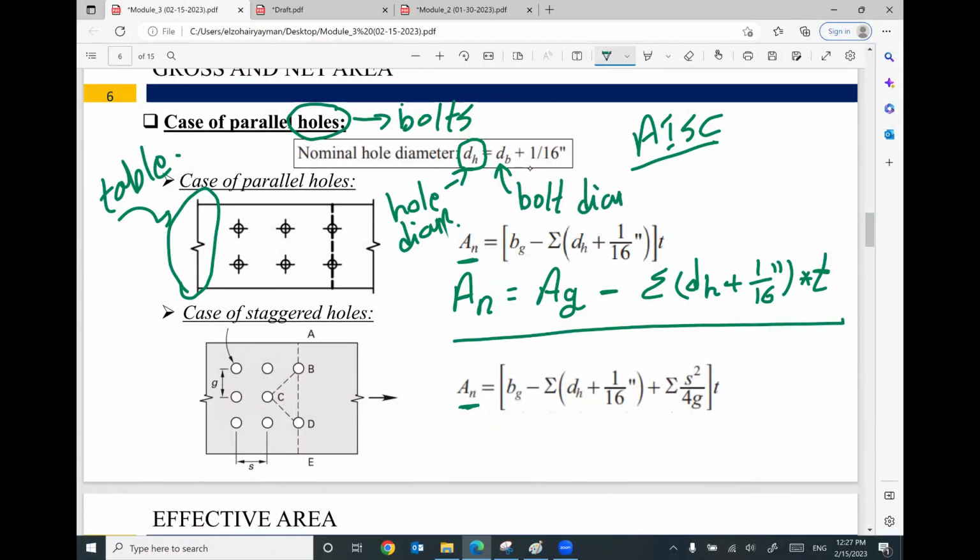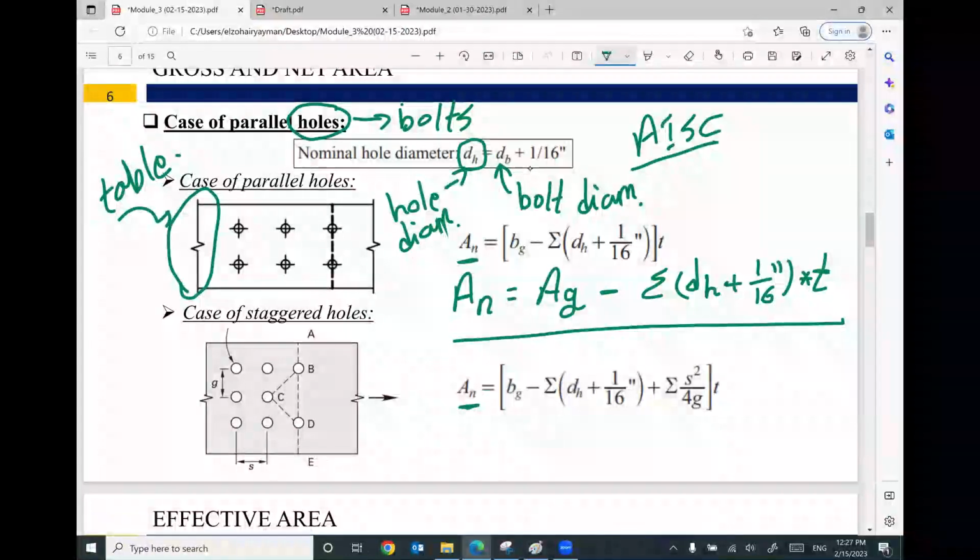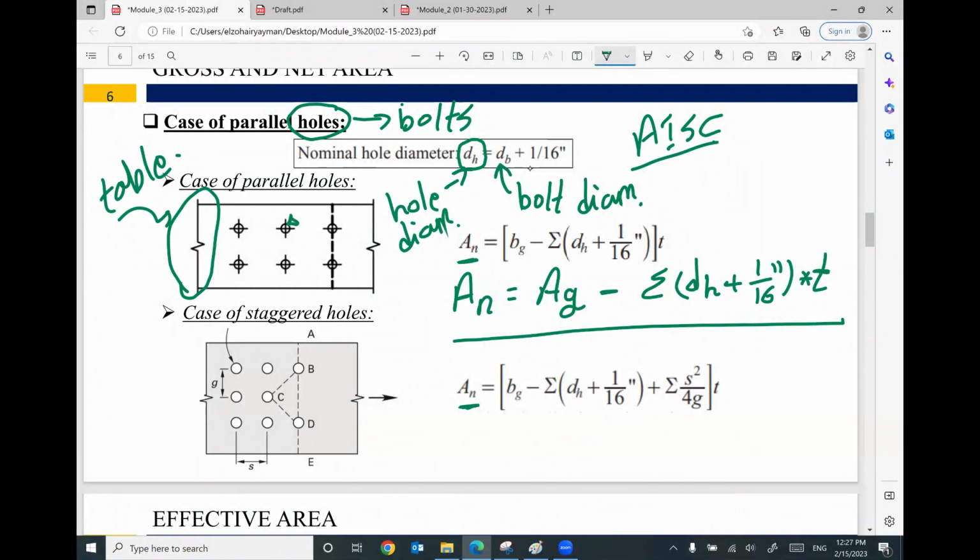plus 1/16 inch. If you have some experience, it doesn't make sense to create a hole with a diameter exactly equal to the diameter of the bolt. Probably your bolt cannot get into this hole. So we need to make it a little bit wider by 1/16 inch to make it easy to put your bolt inside this hole.